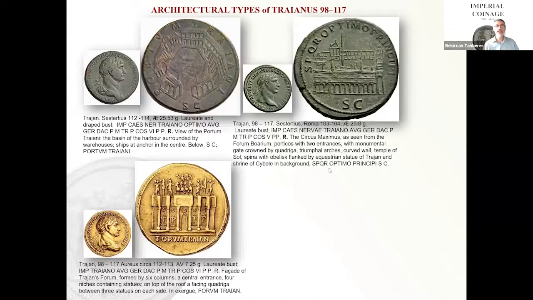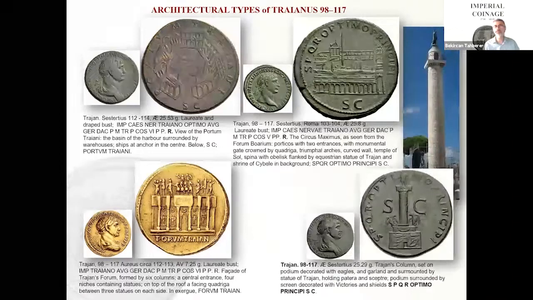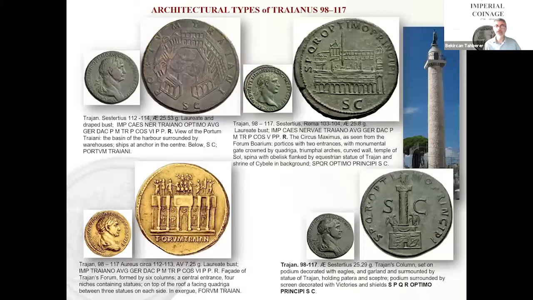And he renovated and added other buildings around the Circus Maximus, and then of course the Forum Boarium, and it is also advertised there. And of course he created a new forum for himself, and the famous column with incredible decorations.